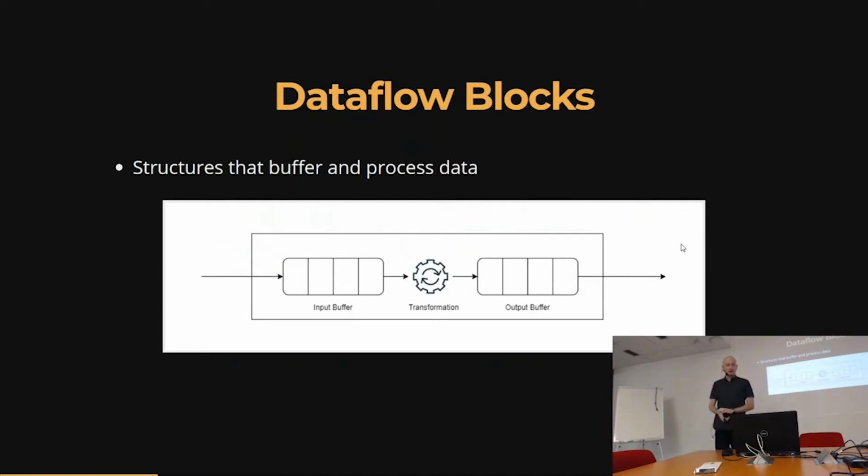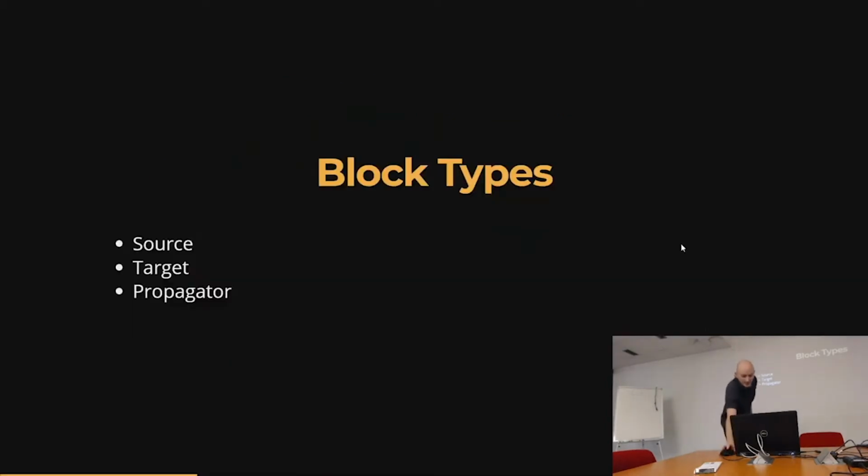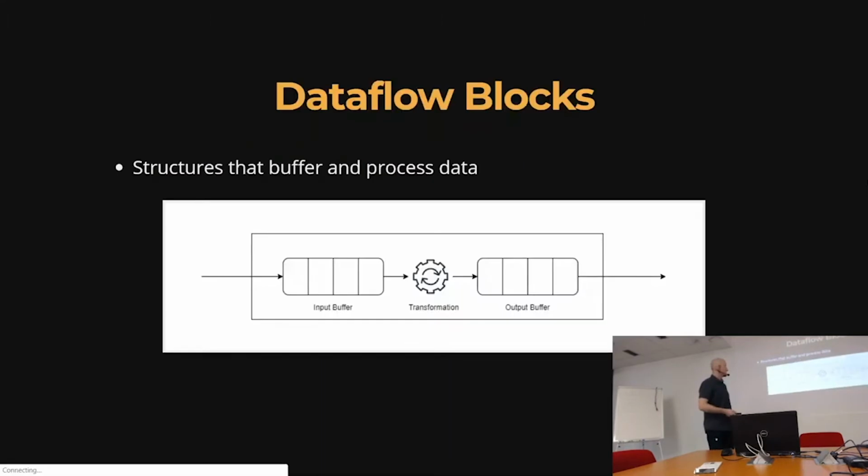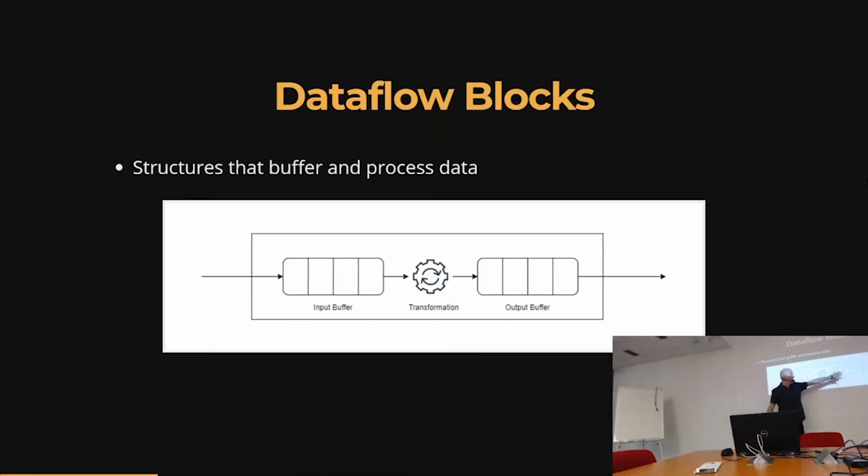There are several types of these data flow blocks. There are so-called source blocks, target blocks, and propagator blocks. And the best way you can see them explained is again in this image. The source blocks only have the output buffer. So they are the start of your pipeline. They are the thing that generates the messages for the rest of the pipeline.